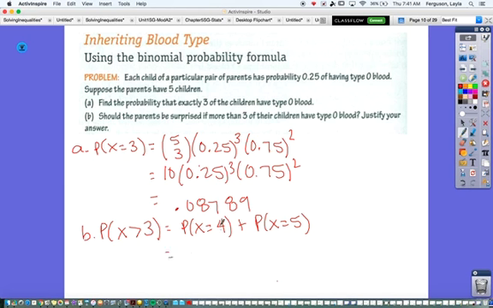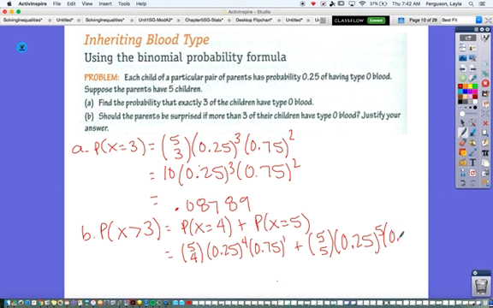We can find all the information that we need about the probability that x is equal to 4 by saying 5 choose 4, 0.25 to the 4 times 0.75 to the 1 plus 5 choose 5, times 0.25 to the 5th times 0.75 to the 0.